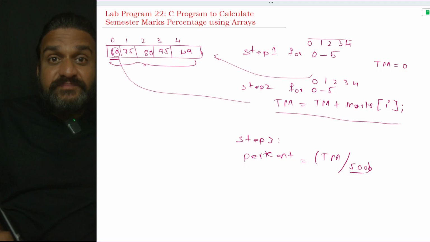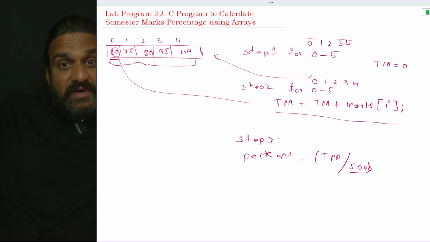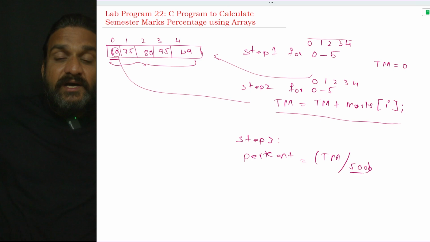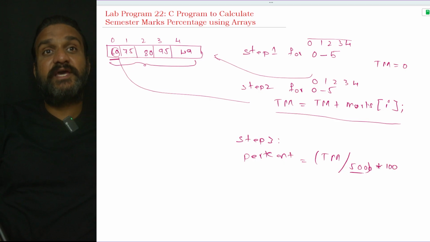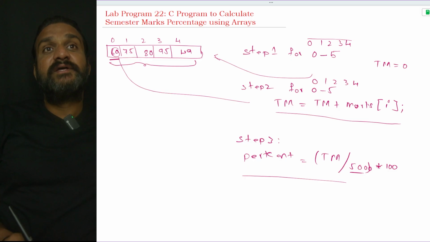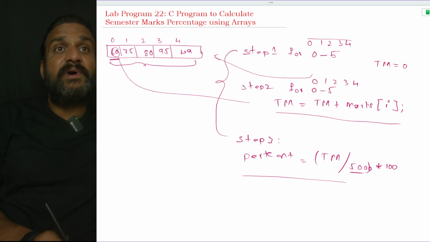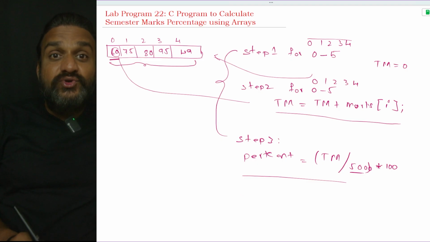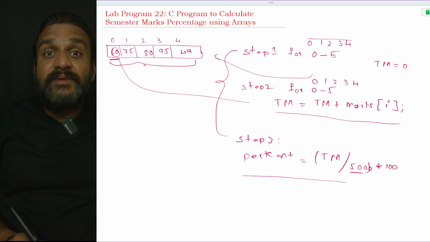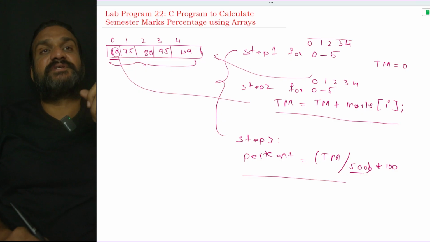Because each subject carries a maximum mark of 100, so the sum of all the maximum marks in 5 subjects is going to be 500. We directly take that 500 and multiply by 100 to get the percentage of marks. Simple calculation, right? These are the 3 steps by which we are going to write a program so that the student can calculate the percentage of marks obtained in a semester.